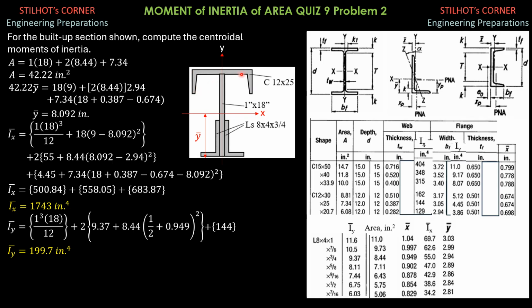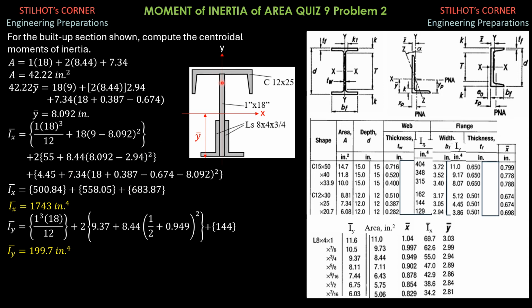Then plus, for the channel, the centroidal axis parallel to this centroidal axis is the y-axis. If you look at the orientation, this axis here is actually this axis here. So that's Iy of the channel, and Iy of the channel is equal to 4.45. That's why you have 4.45 here. The area is 7.34.